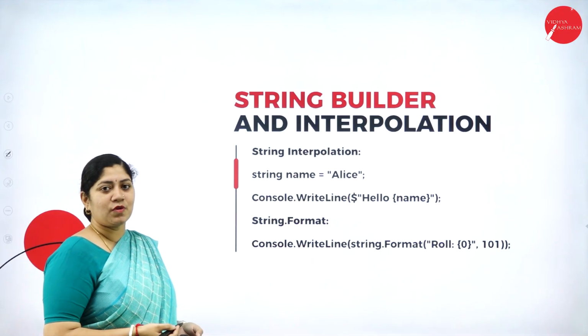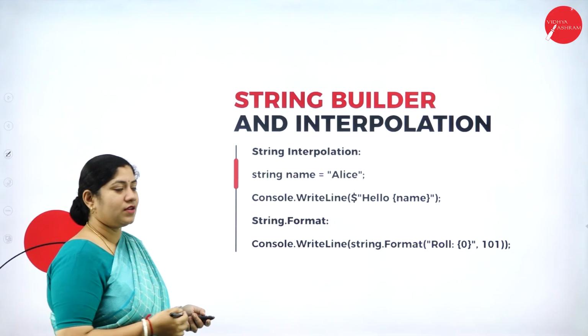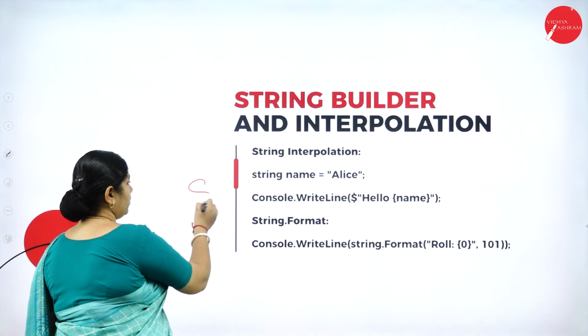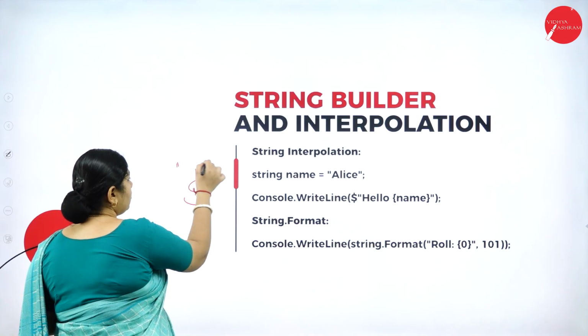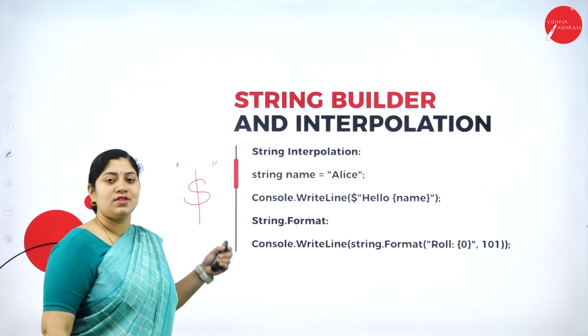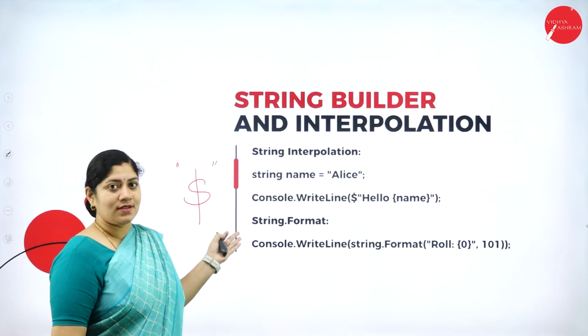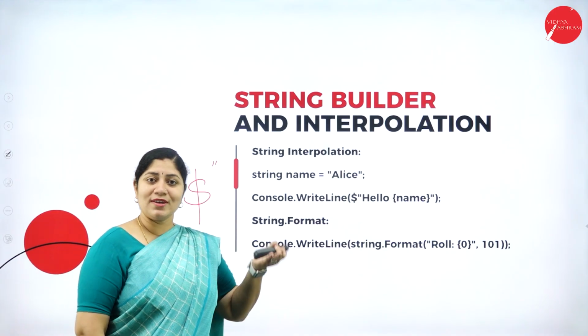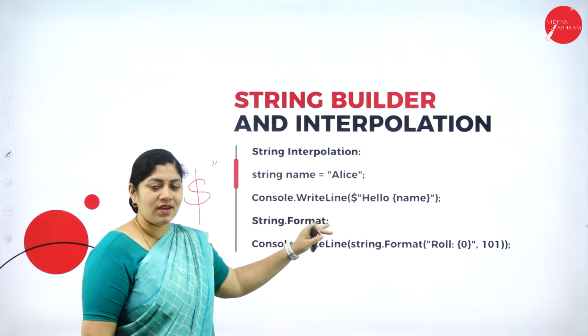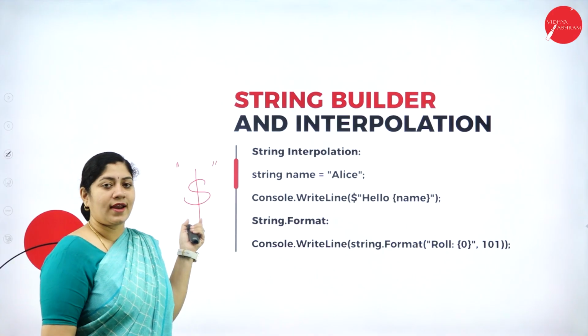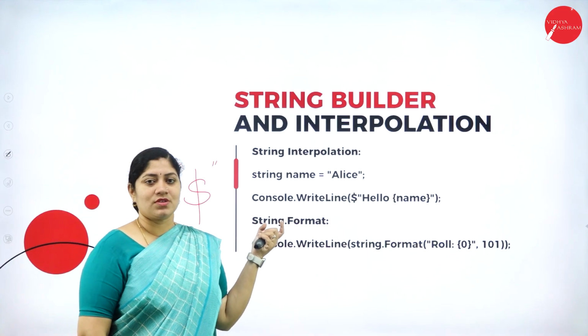How is interpolation specified? By using this symbol. Whenever we use the symbol inside C#, it means a string building process is happening, and interpolation is utilized there to support that efficient string building process.